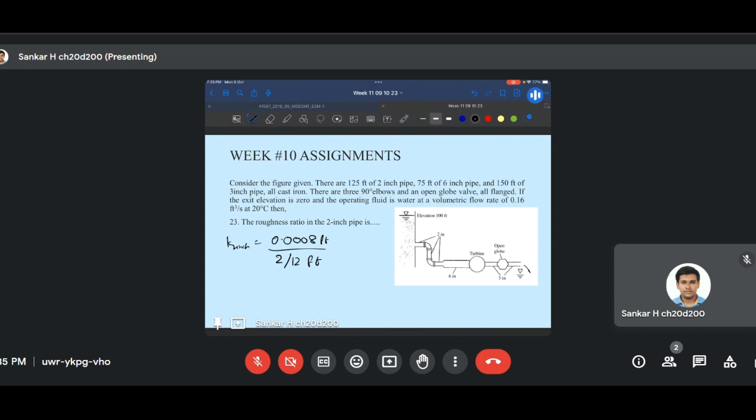Which will come out to be equal to 0.0048. Next, we'll have to find the roughness ratio in the 3-inch pipe, which is again the same formula we have to use, which is 0.0008 by 3 by 12.